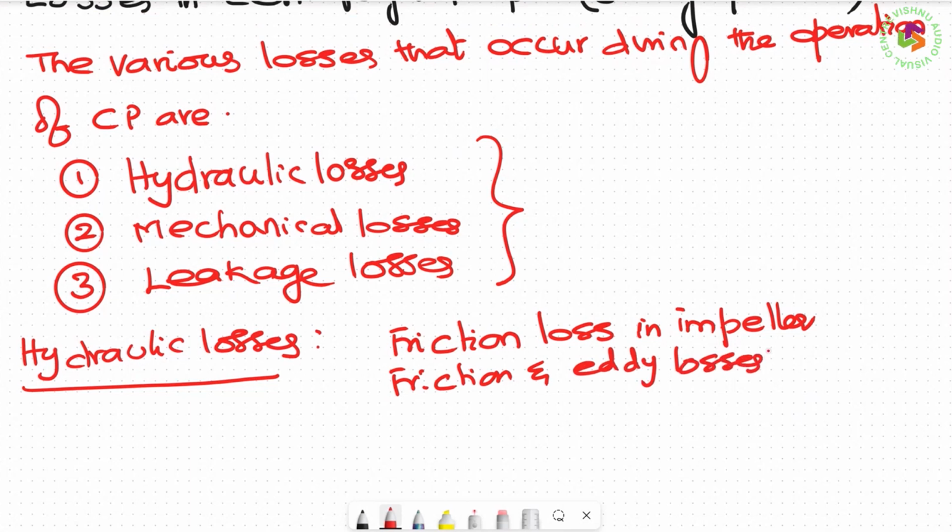Eddy losses in guide blades, which generally come when it is a diffuser casing. That may be one more.